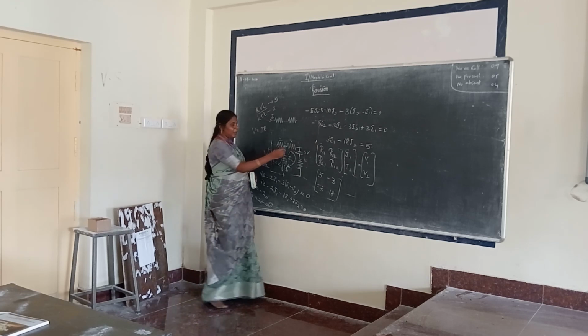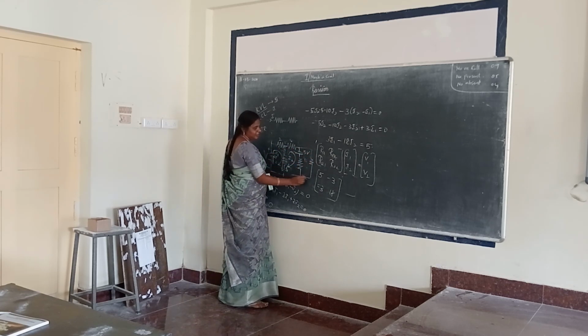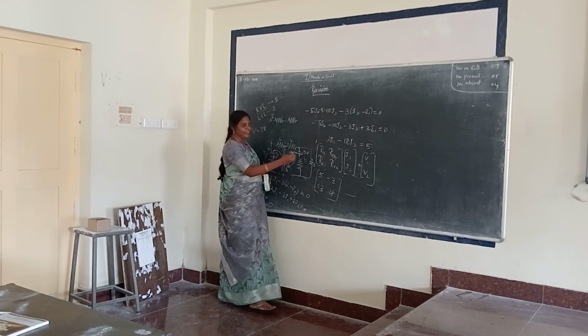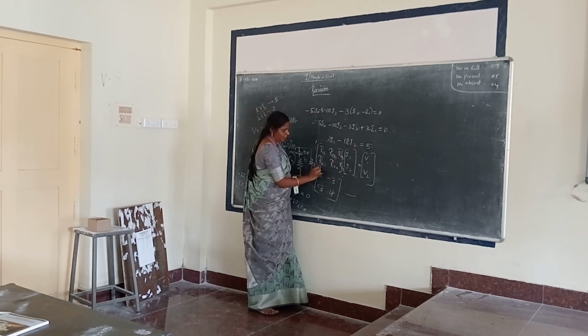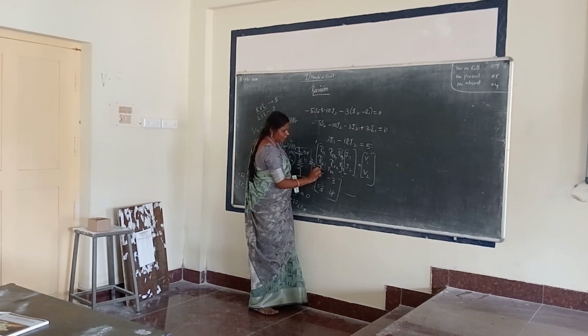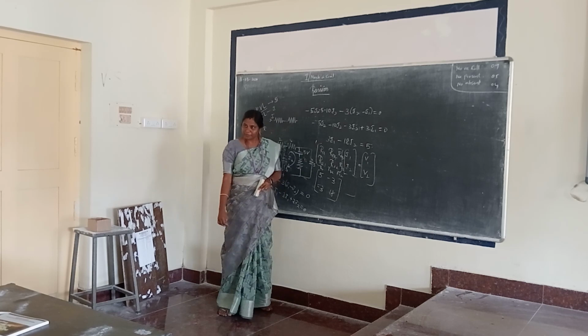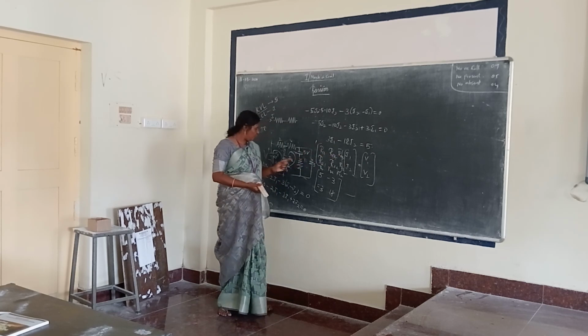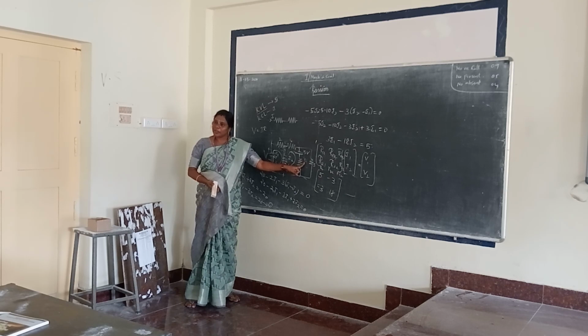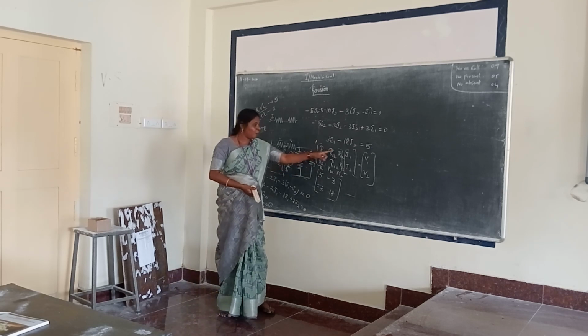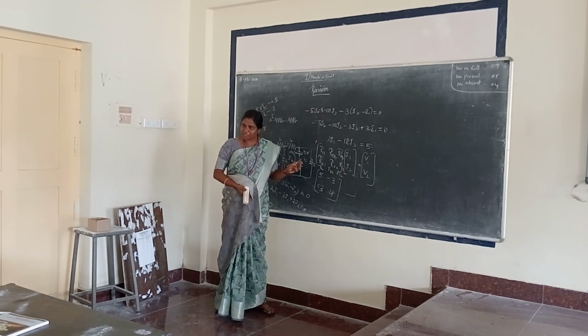If I have one more loop here, say for example 5, then the matrix is R11, R12, R13, R21, R22, R23, R31, R32, R33. Then R13 is 0. There is no resistance between the first loop and the third loop. So R13 is 0, and R31 is also 0.